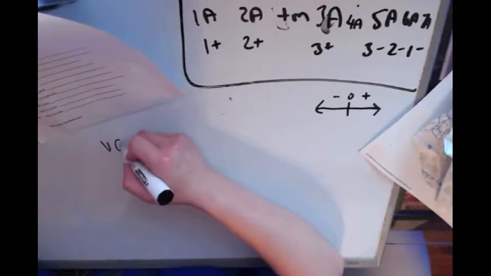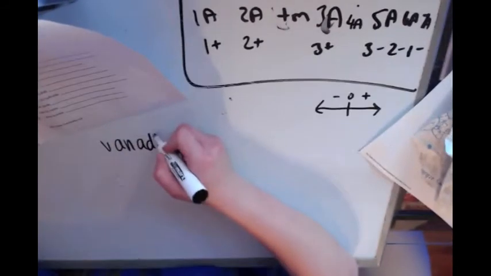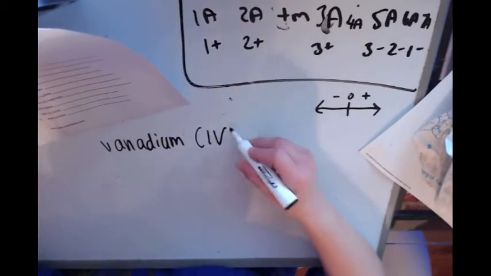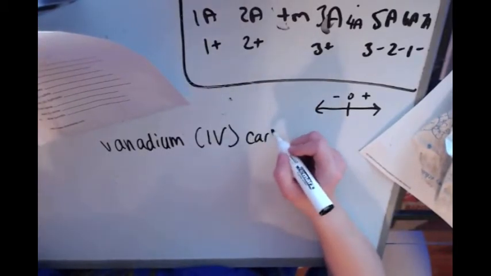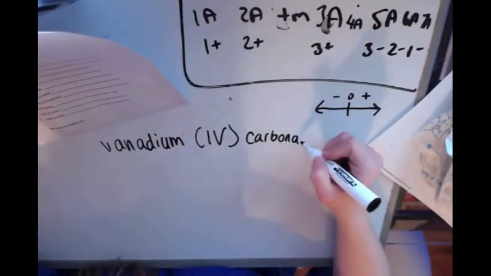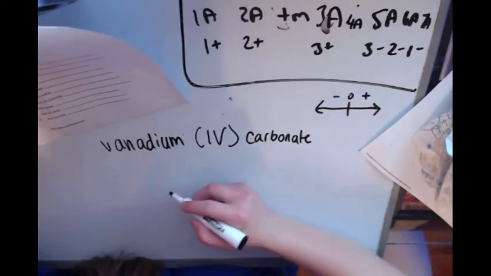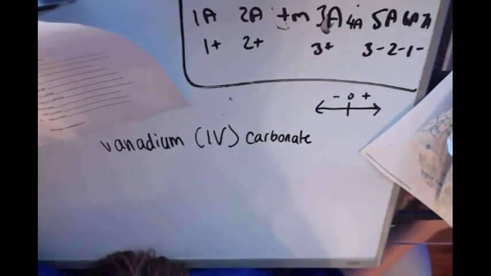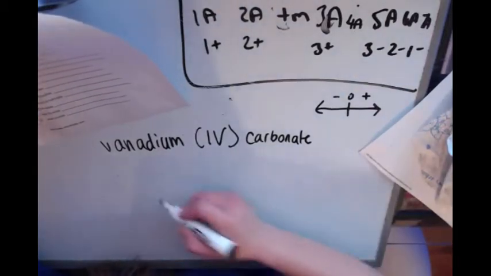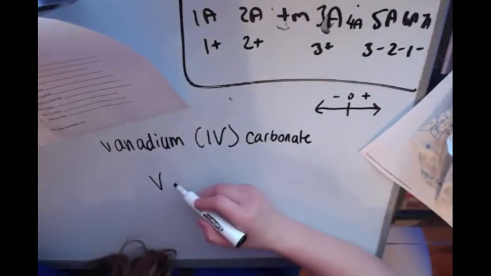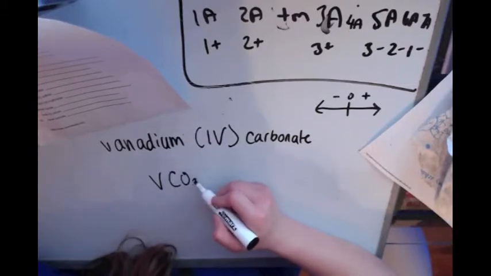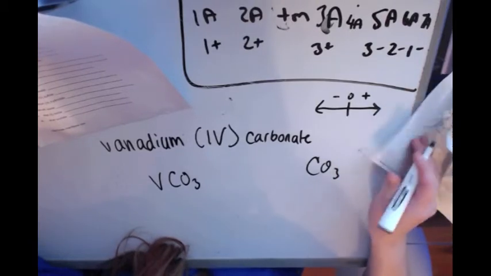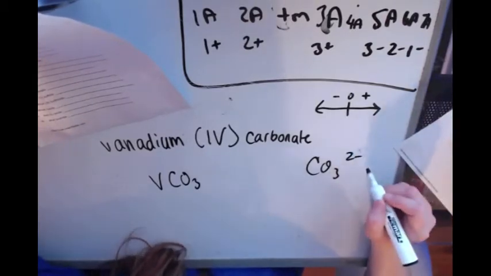Alright, so next on the list is vanadium(IV) carbonate. So again, just start by writing down what you know. You can look on the periodic table and know that vanadium is V. You should know that carbonate is CO3. You should also know that CO3 is a polyatomic anion with a charge of 2 minus.